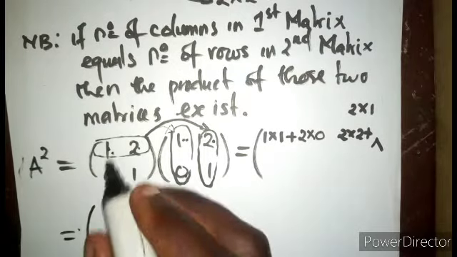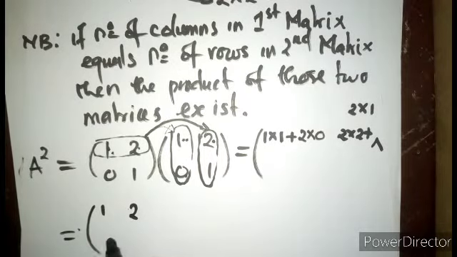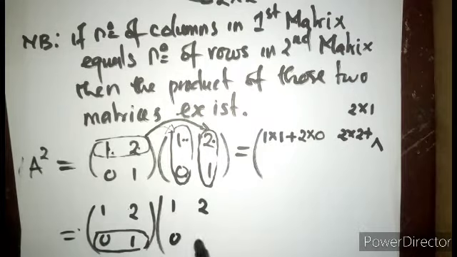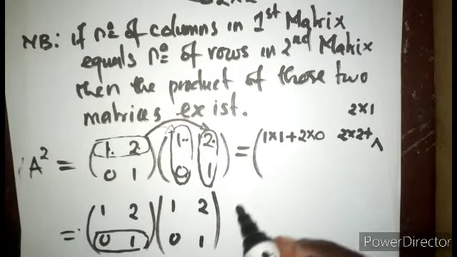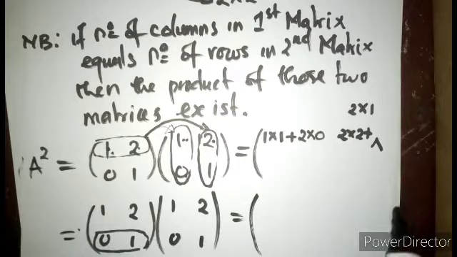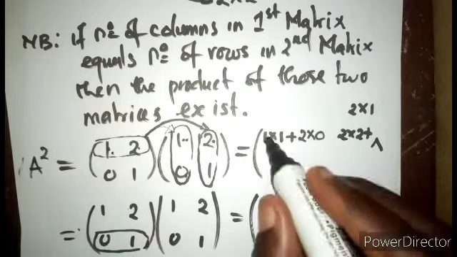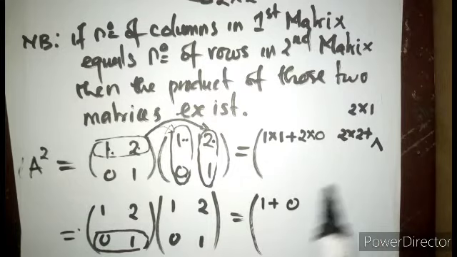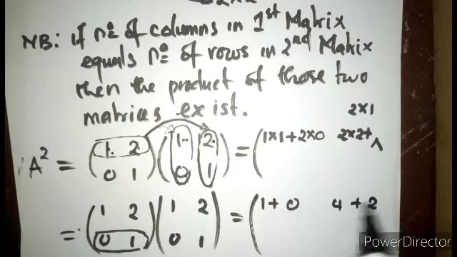Also, now we are taking the second row and do the same thing all around. [0 1] and [1 2; 0 1]. So we already have 1 plus 0 here, okay, and here we have already 4 plus 2.